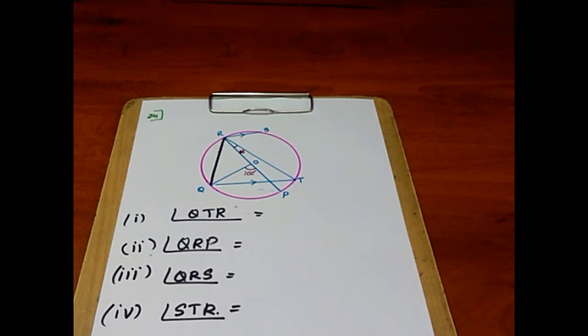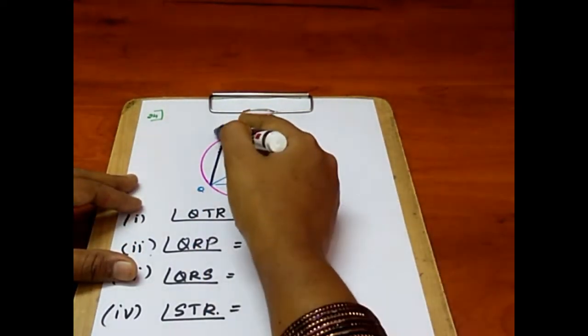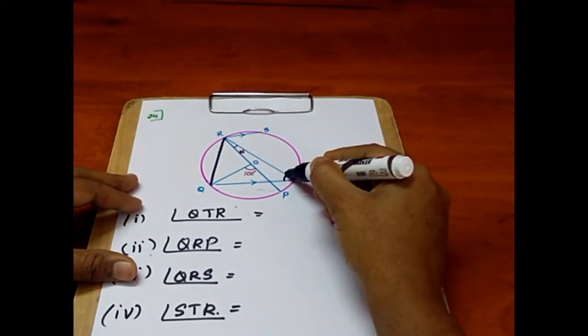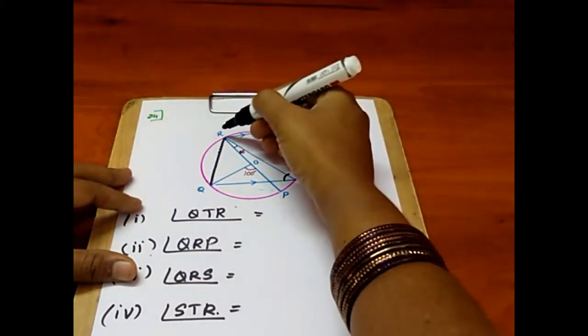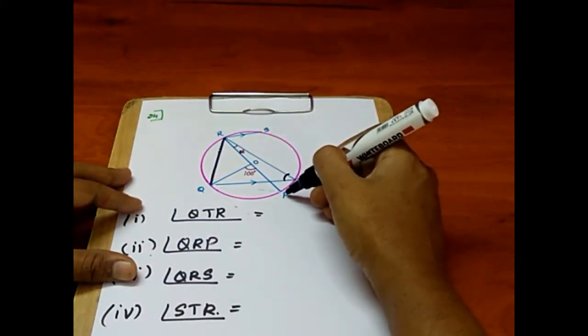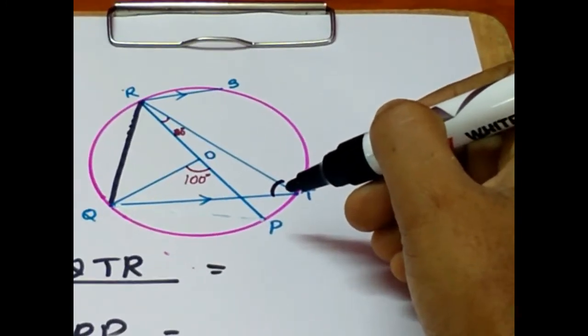The first one is the measure of angle QTR. I need to find the measure of this angle. If you observe the diagram very carefully, RP is a diameter. So, the angle at the point O is equal to 180 degrees.